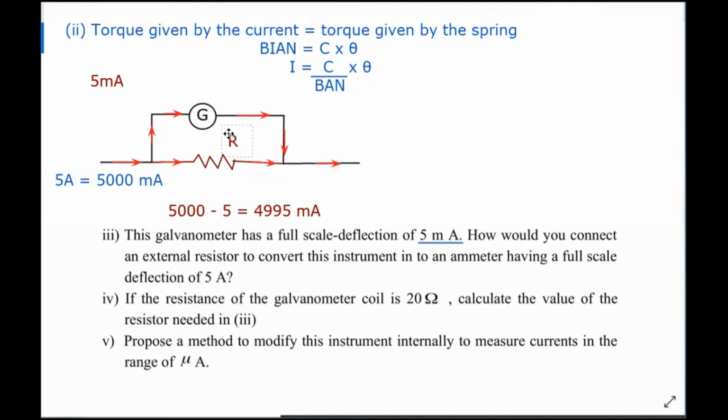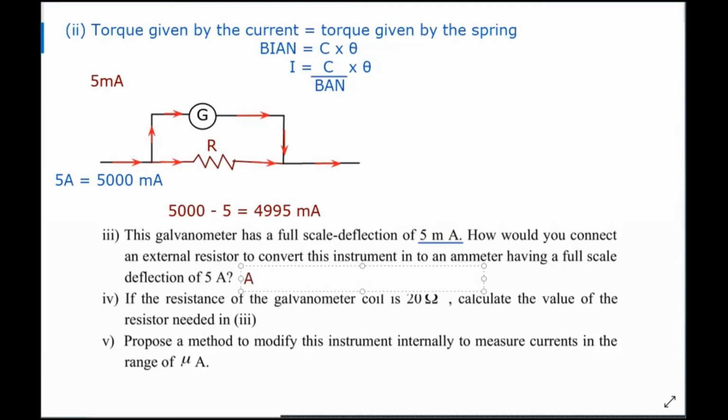So what is the answer? How do we connect this resistor here? We have connected this resistor parallel to the galvanometer. So what is the answer for the question here? How would you connect an external resistor to convert this instrument to an ammeter having full scale deflection 5 ampere?